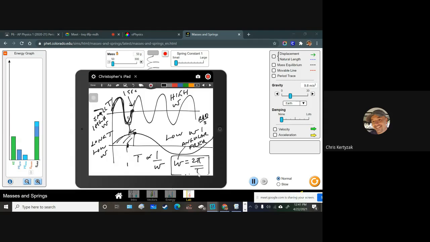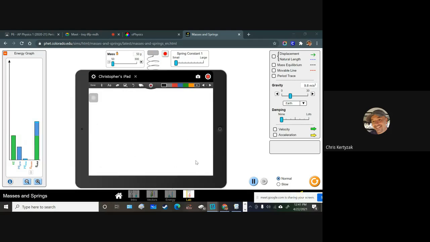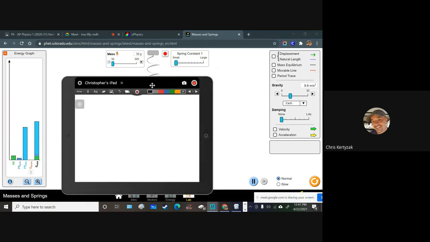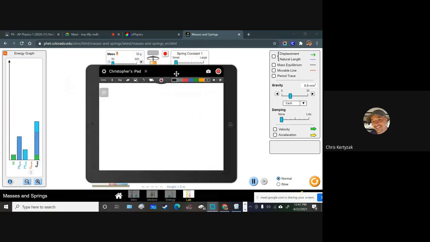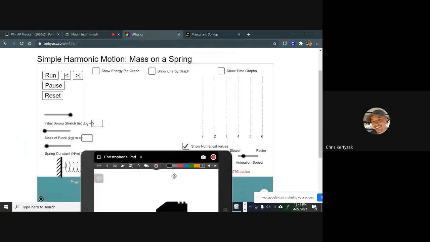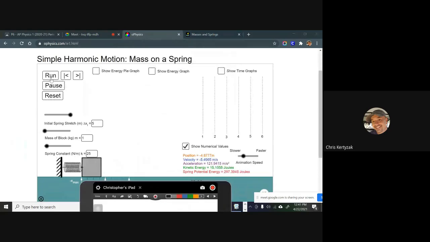So now we get to point out that I've talked about the shape of the graph and omega. Now, omega is an important property that's affected directly by the mass of the object going back and forth and the strength of the spring constant. Which, by the way, if I run this, is moving again very slowly.